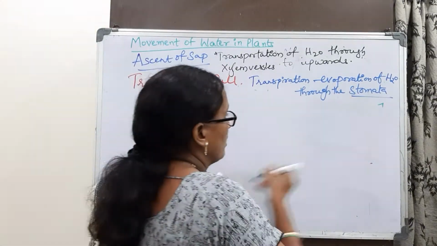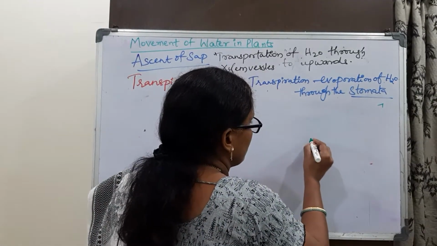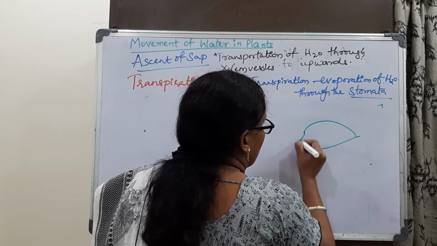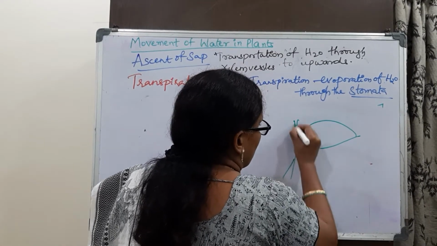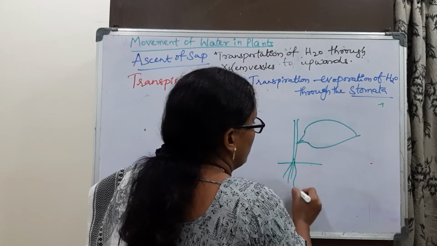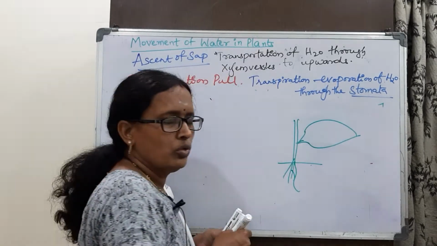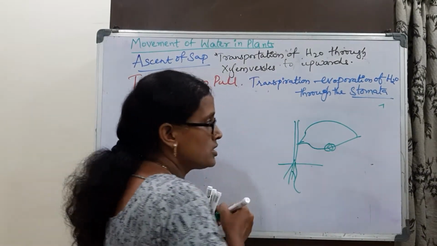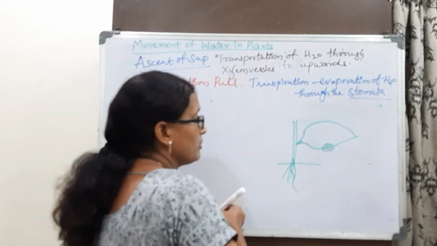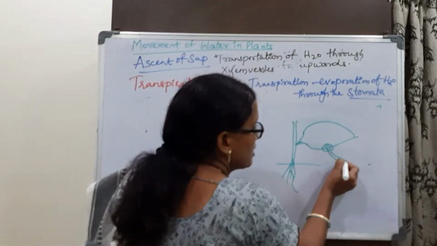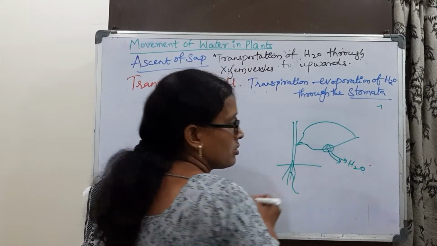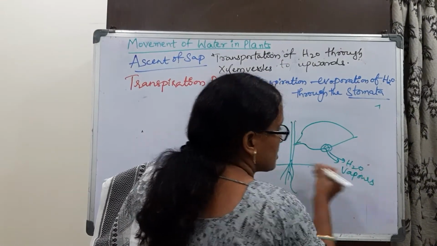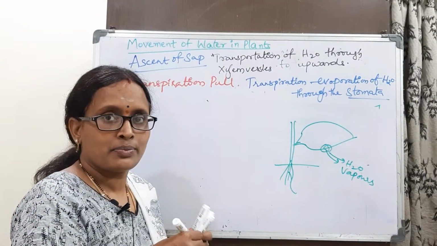The leaf has minute pores, known as stomata. From these stomata, water vapors are lost. That is called transpiration.